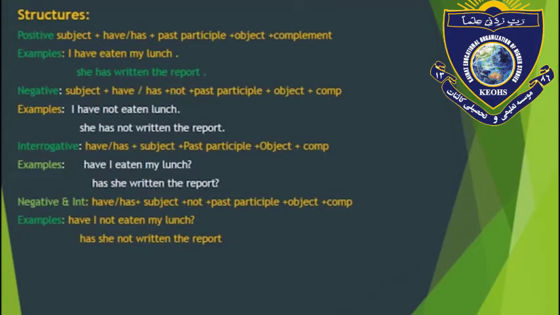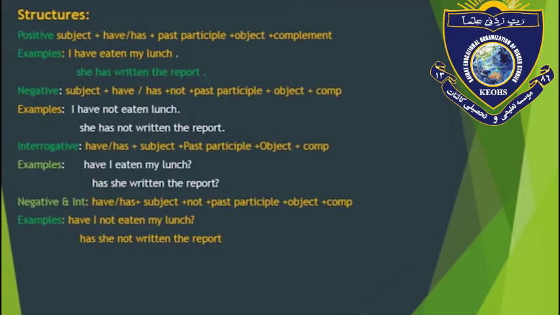In negative interrogative, we also use have or has at the beginning of the sentence. After the auxiliary verb have or has, we use subject plus not plus past participle plus object plus complement. Examples: have I not eaten my lunch? Has she not written the report?